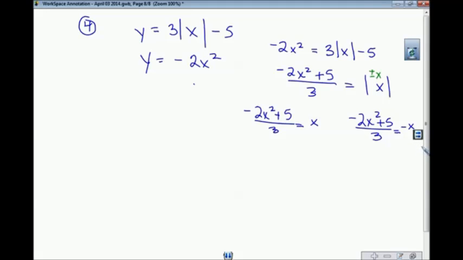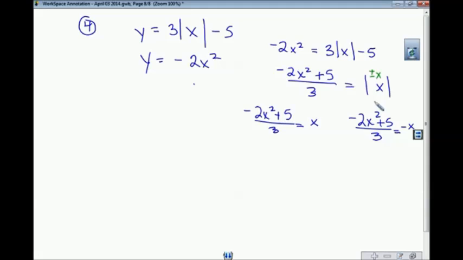Does that make sense? No. What's the absolute value of positive x? Positive x. What's the absolute value of negative x? Positive x. So why would you set it equal to the negative x? Because if I don't, then I'm neglecting one whole side. Absolute value of positive and negative x is x.